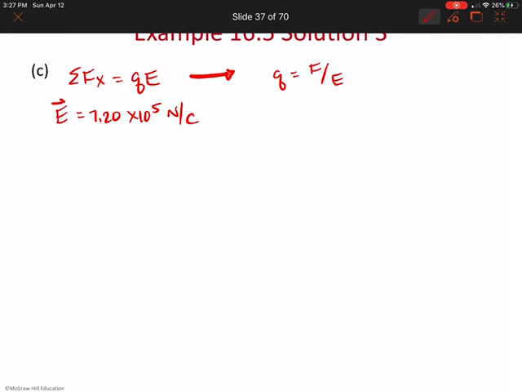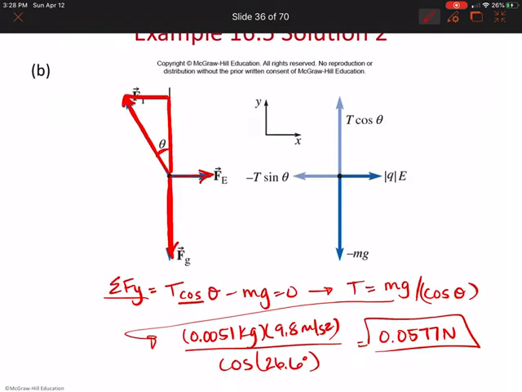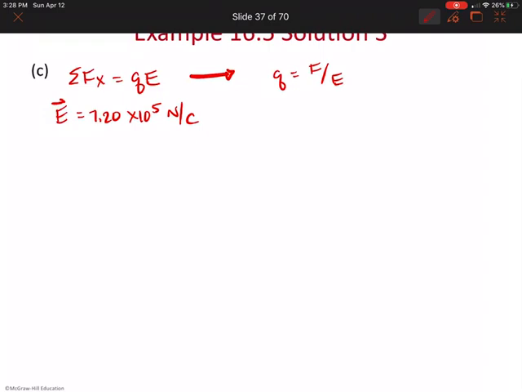Well, we have this force, right? We know that this tensional force right here not only had y values, but it also had x values. But instead of saying tension cosine theta, we could say tension sine theta. Okay? So we could say tension sine theta divided by our electric field.